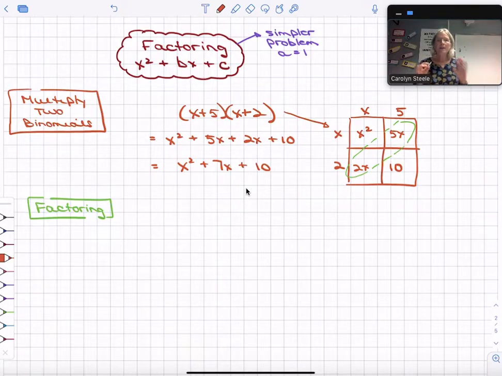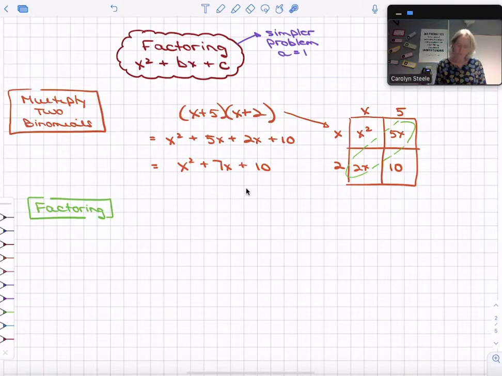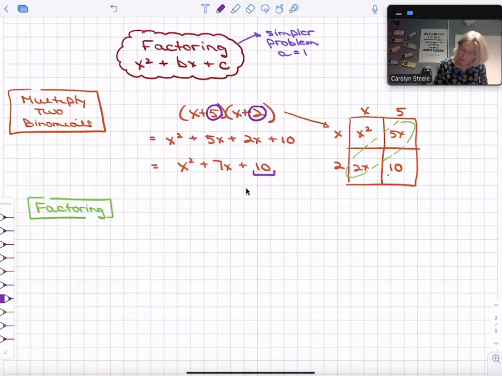Now let's dig a little bit deeper into what we were doing and see connections between the factored form and our quadratic in standard form down here. Notice that the two constants, 5 and 2: to get 10, it was 5 times 2.